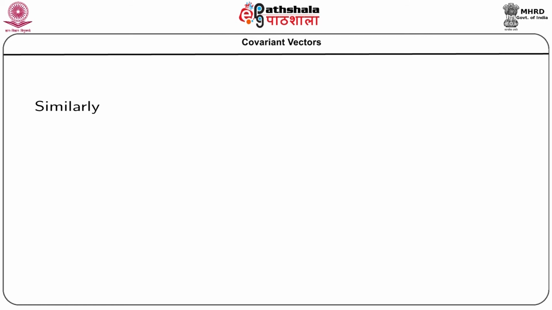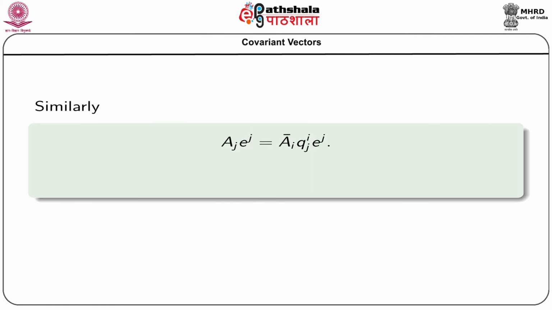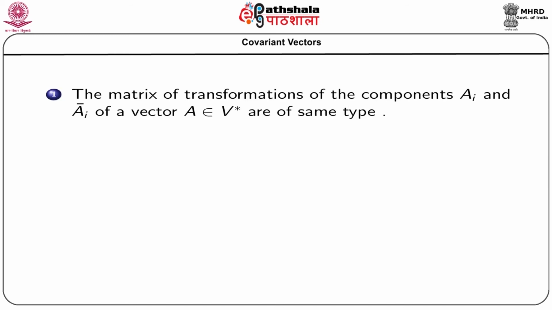Similarly, A_j E^j can be expressed as Ā_i Q^i_j E^j. So, that can be written as A_j equals Ā_i Q^i_j. Here we can see that the matrices of transformation of the components A_i and Ā_i of a vector A belonging to V star are of the same type.